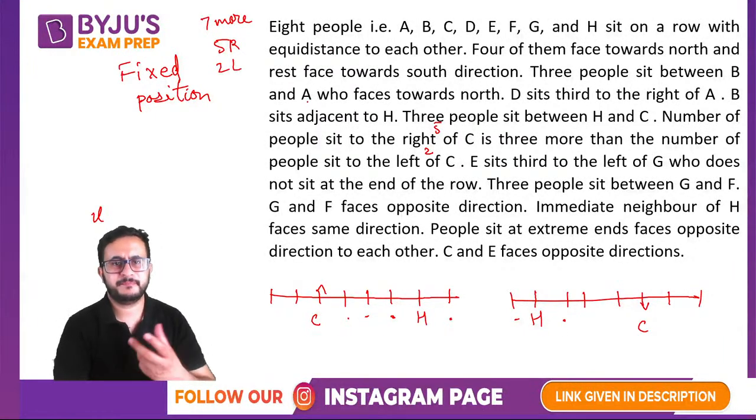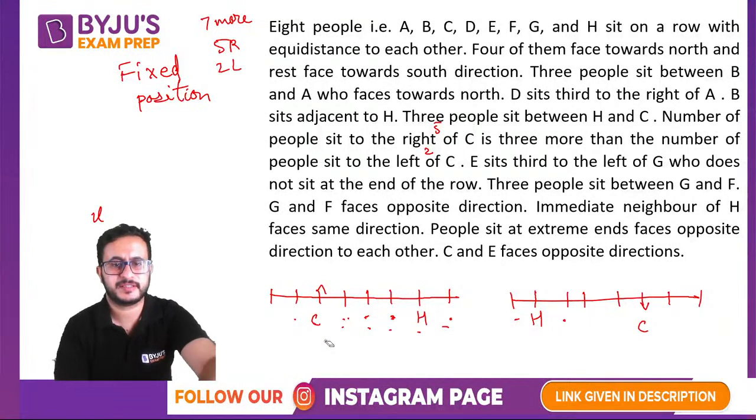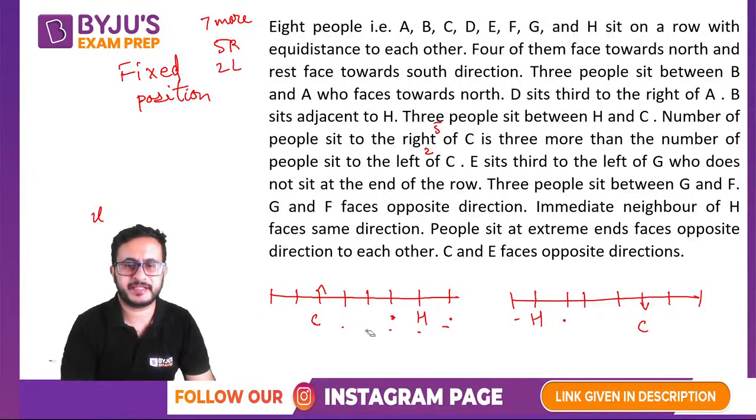3 people between B and A. Now if we take B here, 1, 2, 3, A, and if we take B here, 1, 2, 3, A. So B and A are adjacent to H and C respectively. If we take B this side, A will be here. If we take B here, A will be here.